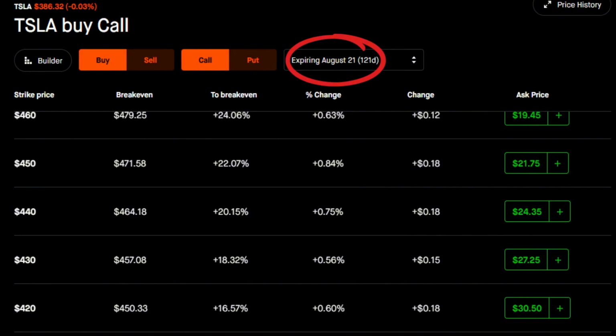We're still looking at the same strike price of $440, but now the asking price is $24. If the expiration date of the contract is sooner, then the contract will be cheaper. If the expiration date of the contract is farther out, then the contract will be more expensive.